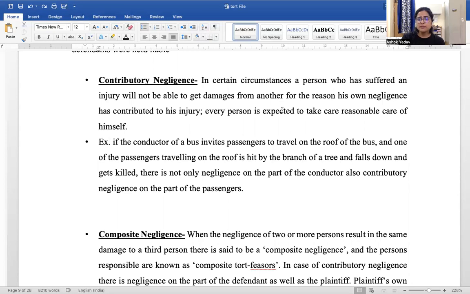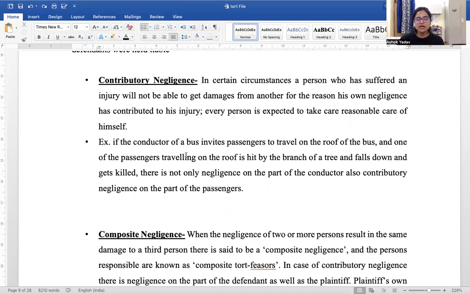Every person is expected to take reasonable care of himself. So in contributory negligence, every person owes a duty towards himself also to take proper care of himself, right? There may be circumstances where a person has suffered some injury and will not be able to get damages from another person because some negligent act was done by that person also.